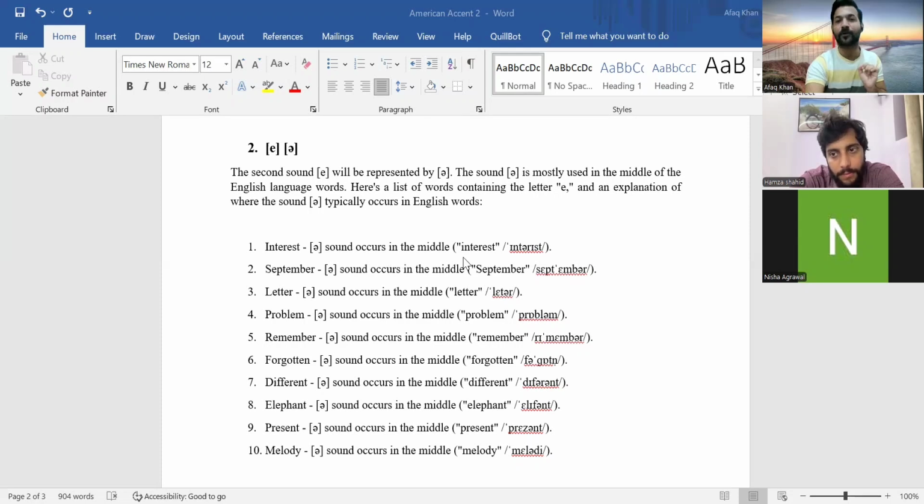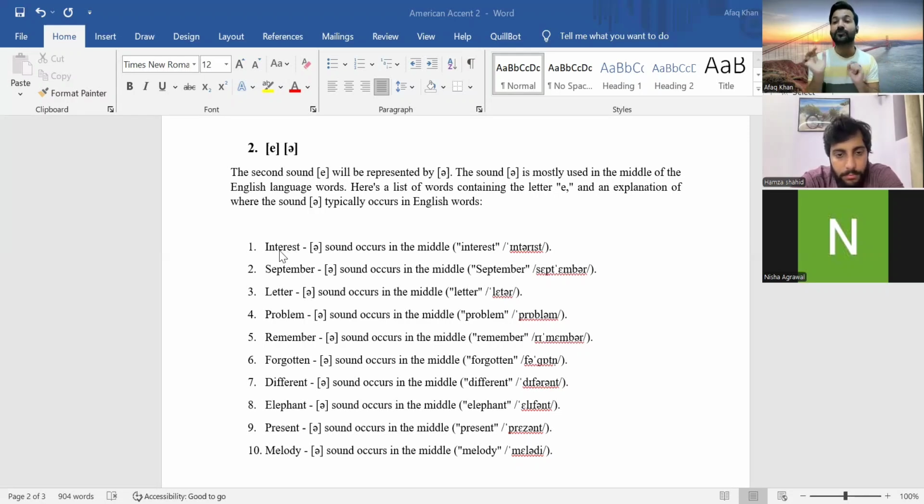For example, interest, trust. So the schwa sound is uh. It doesn't sound like A, but it sounds like uh. So it occurs in the middle here and after the T sound.